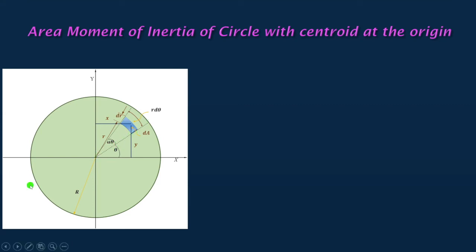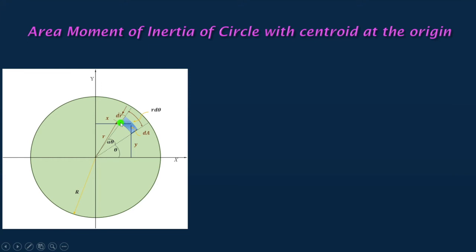The position of the elementary area is at a distance r and thickness is dr, and it makes an angle d theta at the center, at an angular distance theta from the x-axis. So this is r d theta, as this change is negligible.